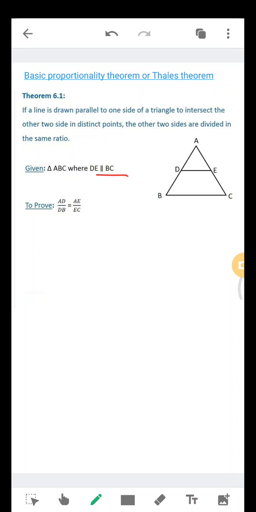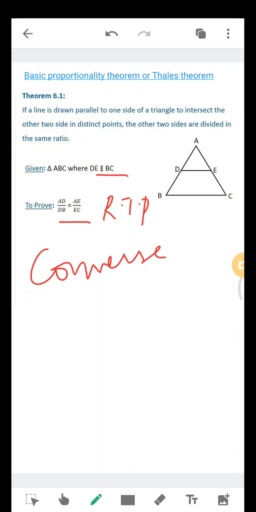So this was given, DE is parallel to BC, and AD by DB is equal to AE by EC was RTP. This was our required to prove. Now, if I see the converse of this theorem, what could be the converse of BPT? Converse means this given and RTP will interchange, isn't it?